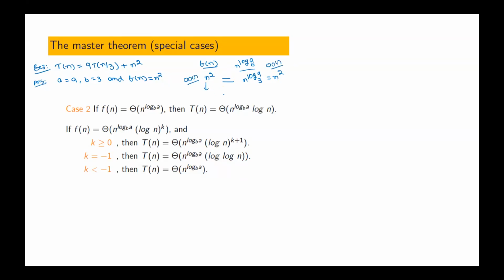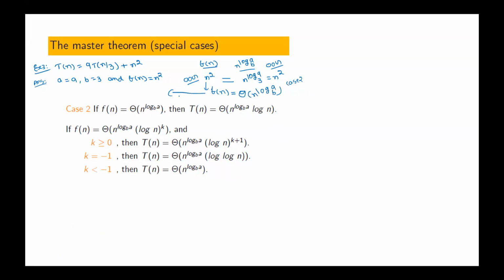That means f of n is theta of n power log a base b, which is nothing but case 2. By case 2, what is T of n? N power log a base b times log n.